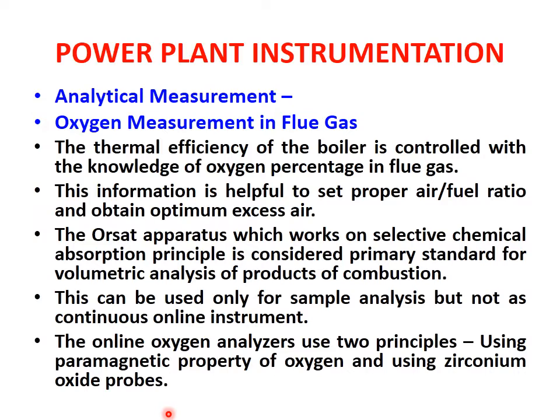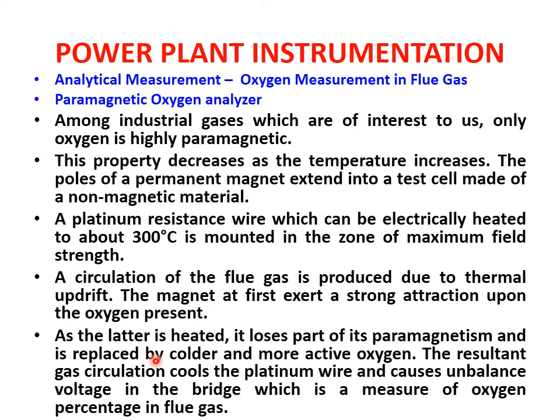Continuous measurement will give us the value of the oxygen. So, unlike the Orsat apparatus, the paramagnetic property of oxygen and zirconium oxide probes are used as oxygen gas analyzers in flue gas for online measurement. Now we will go to the next slide.